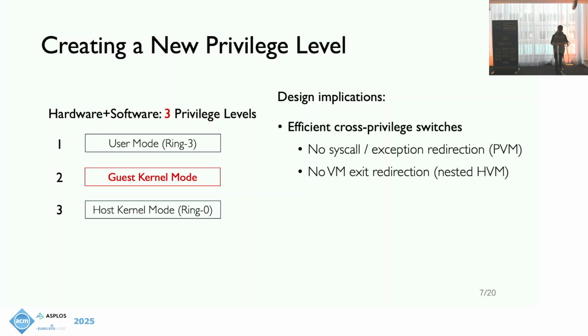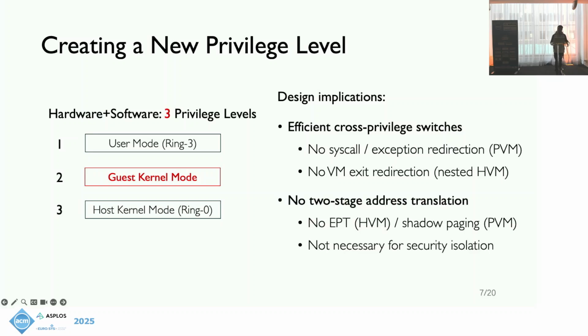Based on the previous analysis, we can derive two design implications. The first one is that the new level should enforce efficient cross-privilege switches, including efficient system calls, exceptions, and VM exits, without additional redirection.